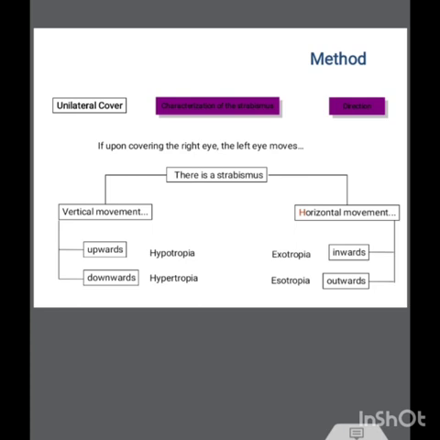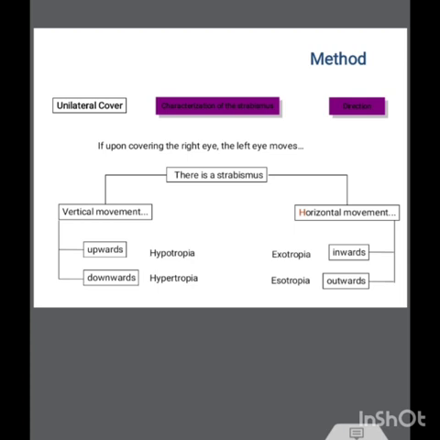So for example, while occluding the right eye, if the left eye moves, there is strabismus. The direction can be horizontal movement or vertical movement. If the eye moves horizontally, it can be inwards, that is towards the nasal side, or it can be outwards, that is towards the temporal side.